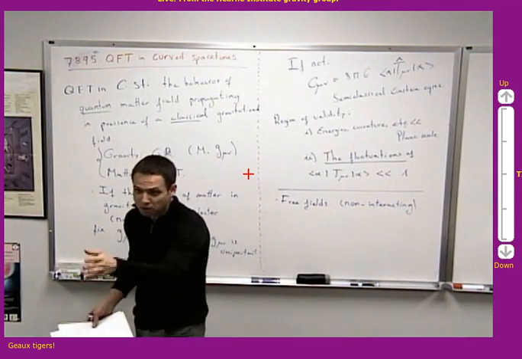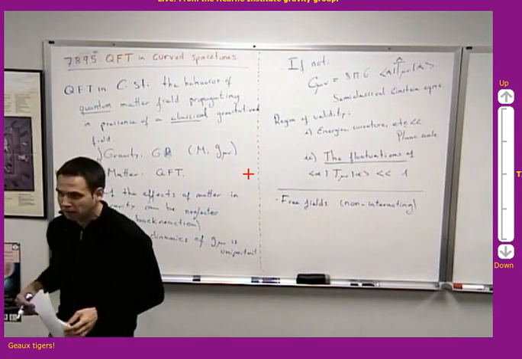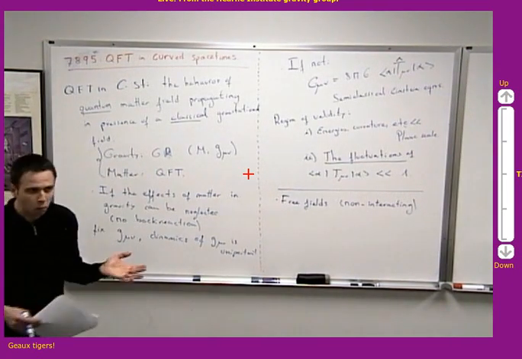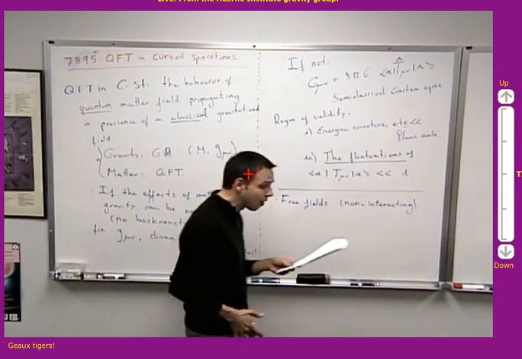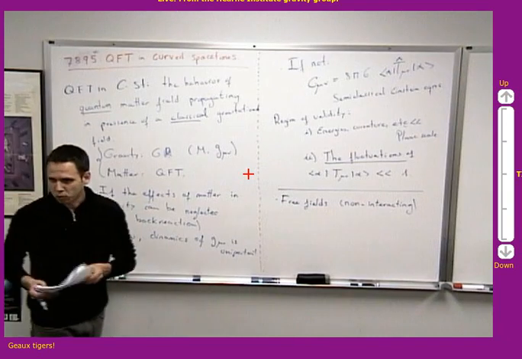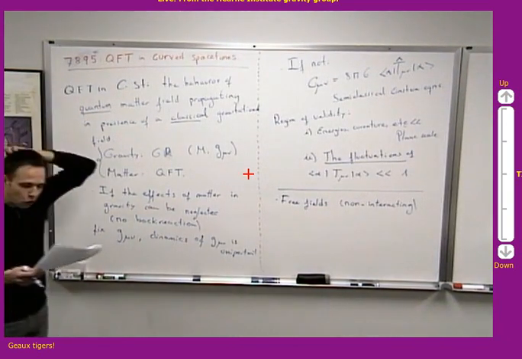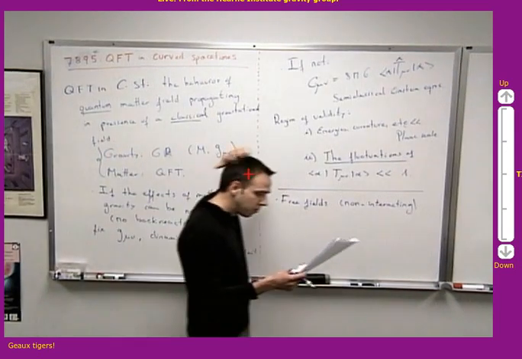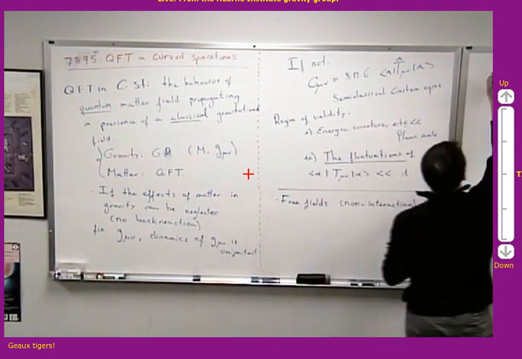You can define one notion of particle, and I can define a different notion, and we may disagree on the particle content of some quantum state. So that is the point, that we will learn a lot, I hope, about quantum field theory by generalizing to curved spacetimes.